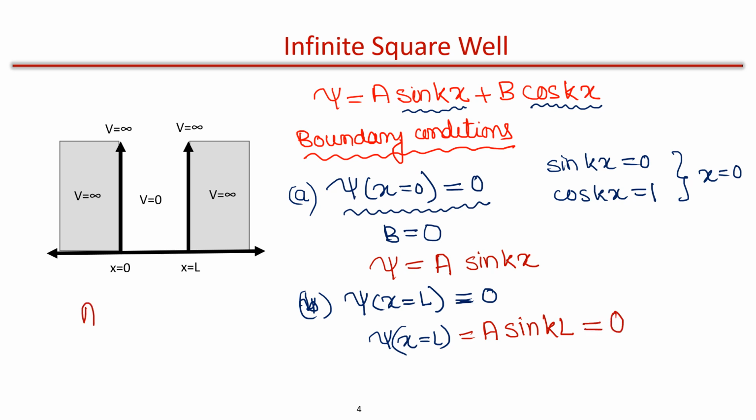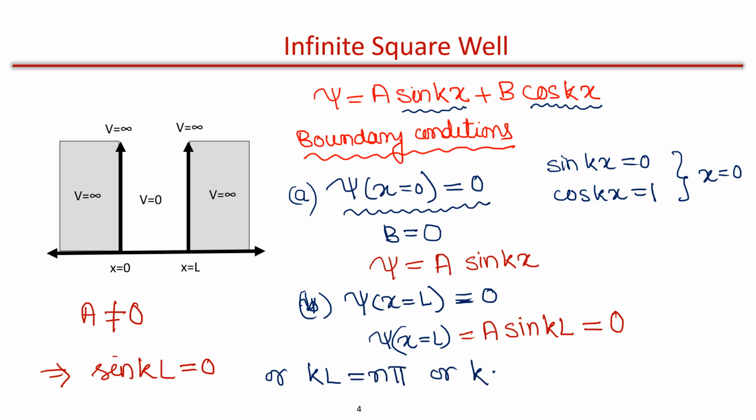We know that a is not equal to 0, hence we can say that sin kL is equal to 0, or kL is equal to n pi, or k is equal to n pi by L. Please note that k is equal to n pi by L, where n is equal to 1, 2, 3 and so on.